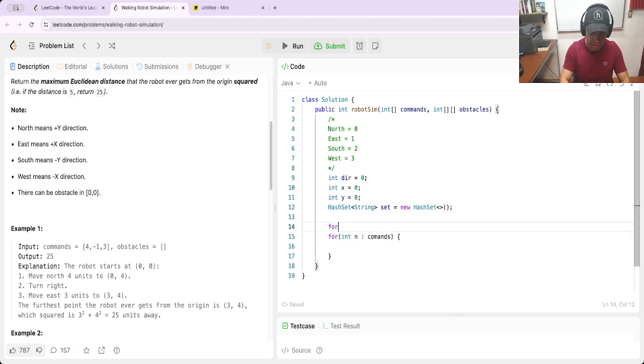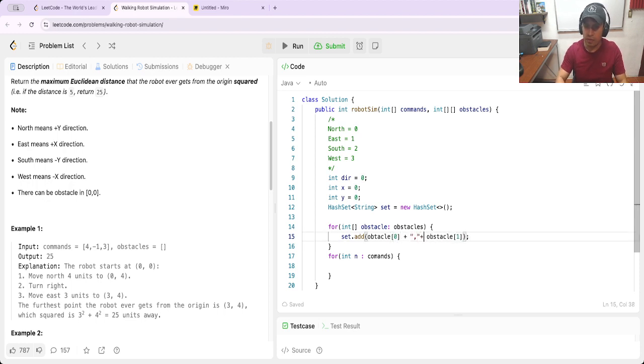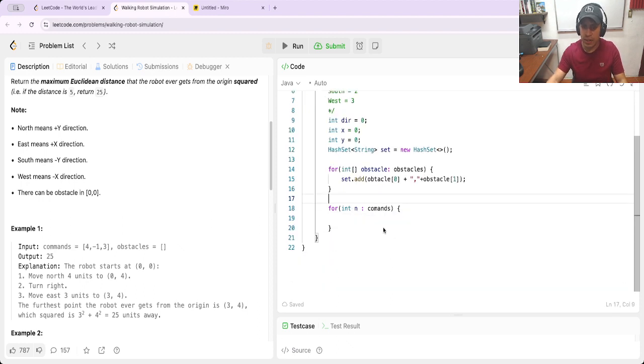Yeah, and here is a for integer obstacles. Yeah, and here is set dot add obstacle in the index 0, comma obstacle in the index 1, and this as a string plus. Yeah, save as a string.